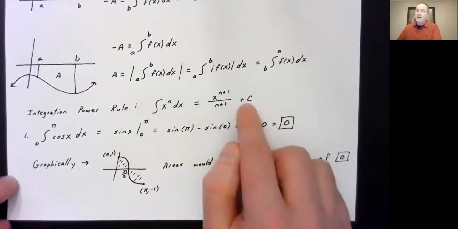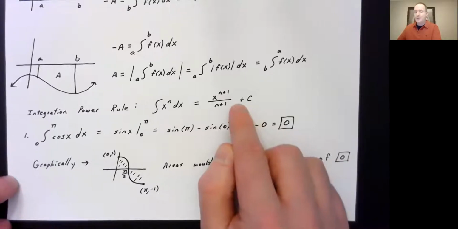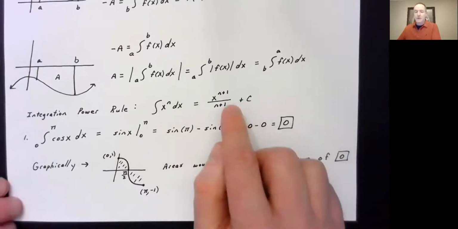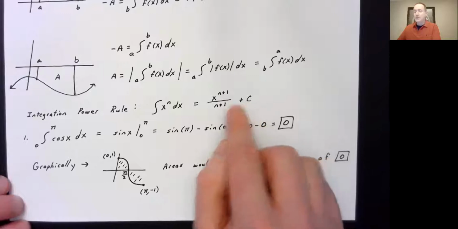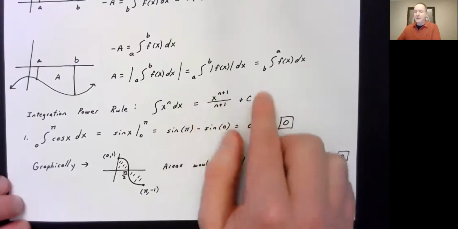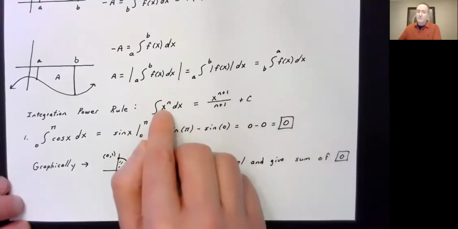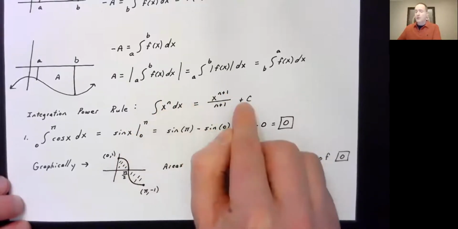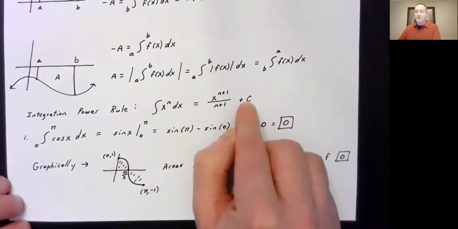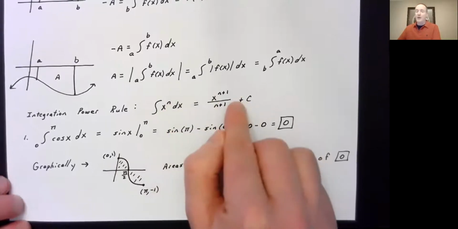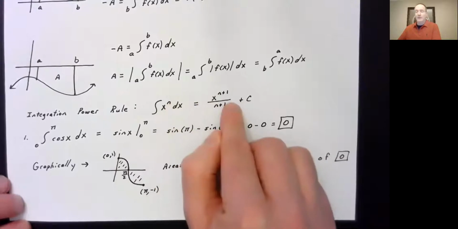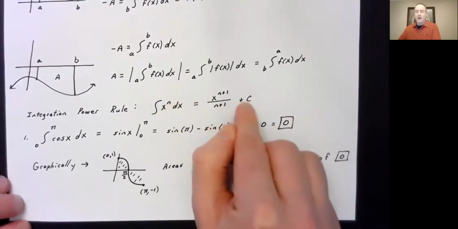So now, in an indefinite integral, you always need to account for there could be some constant of integration. And that's because this has to stand for the original function that you can take the derivative of and get to this function. Well, you know that the derivative of any constant is 0. So working backwards to the antiderivative, we have to say, well, you could add or subtract any constant.